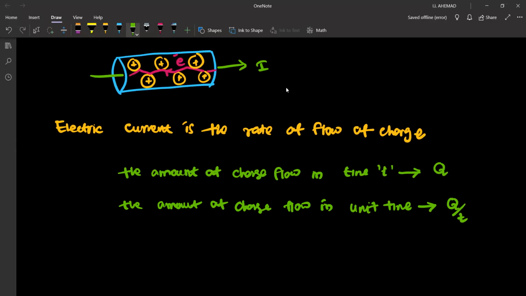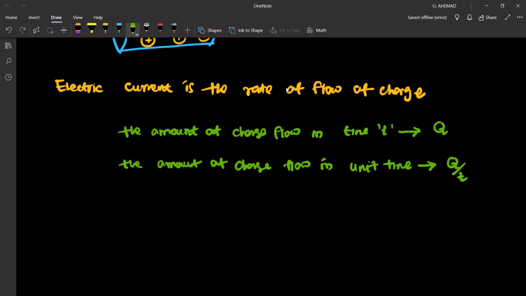So this is the definition of current, right? So we have got the equation for current: I is equal to Q over t.